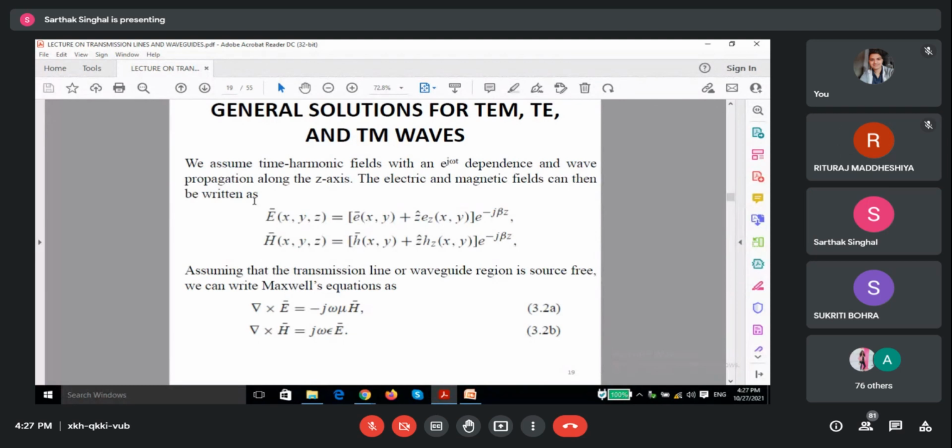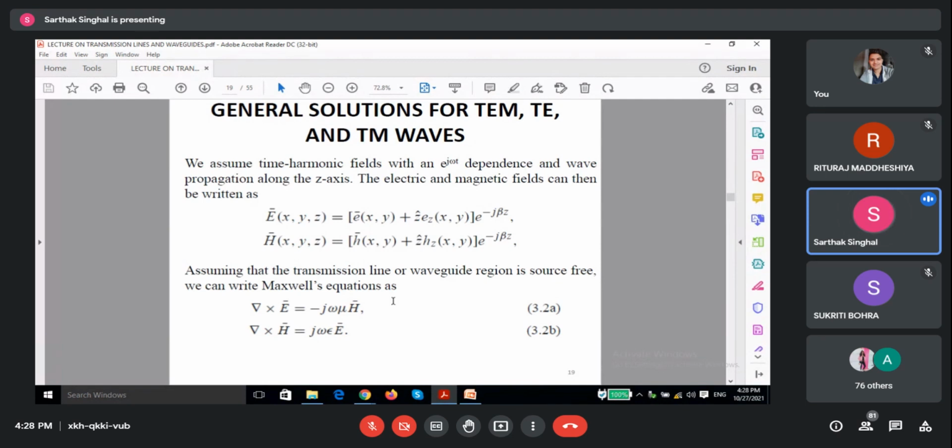The first component comprises the electric field components in the x and y direction. And this is your third component, along the z direction, given as Ez, and similarly for the magnetic field.